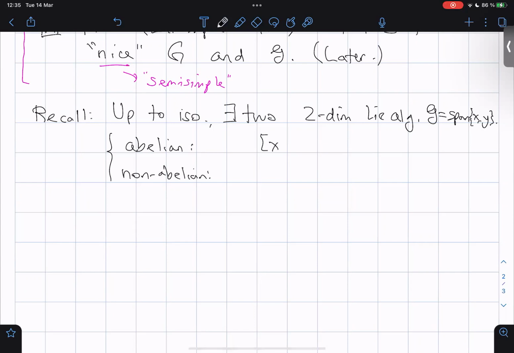In the abelian case, we know that the bracket of x with x is 0 and y with y is 0 because of skew symmetry. So we just need to specify the bracket xy. In the abelian case, xy is 0. In the non-abelian case, the output is something in the Lie algebra, so it's in the span of x and y.